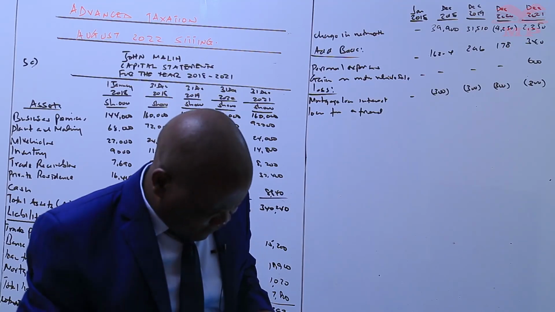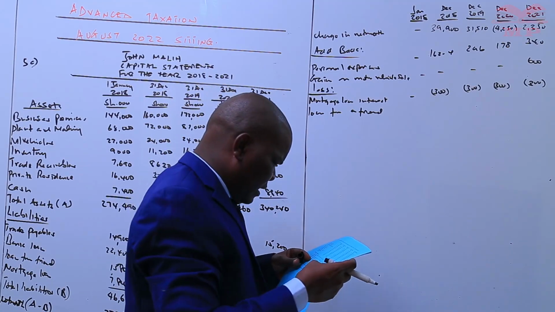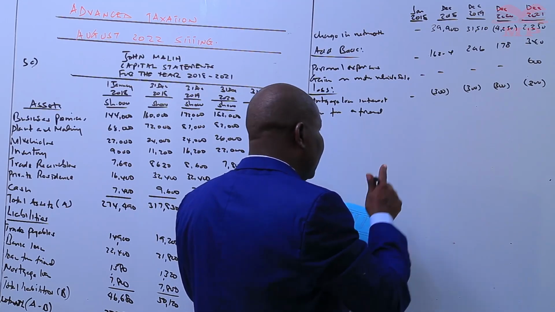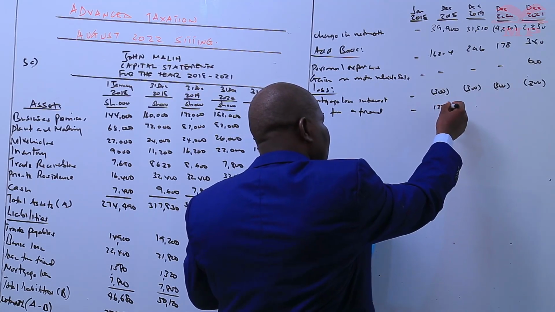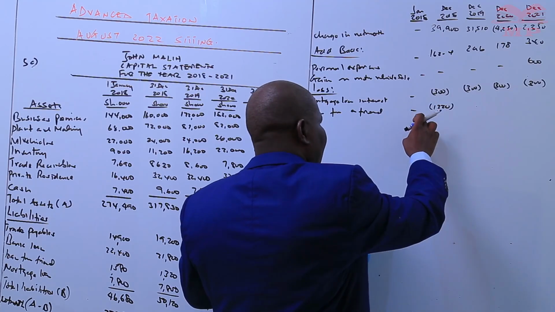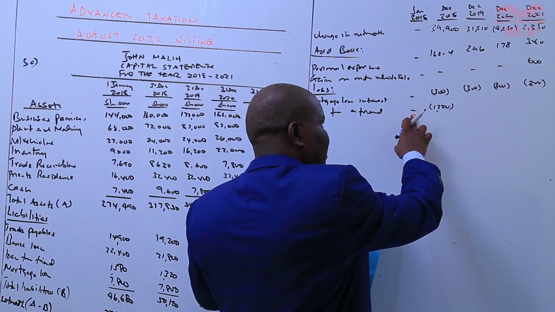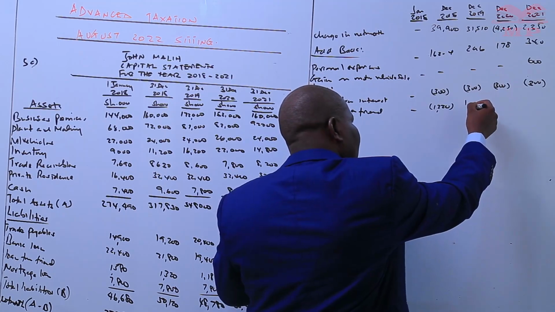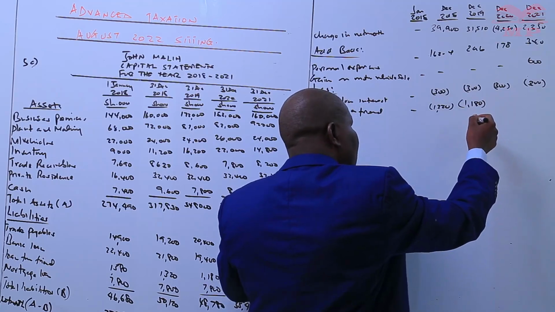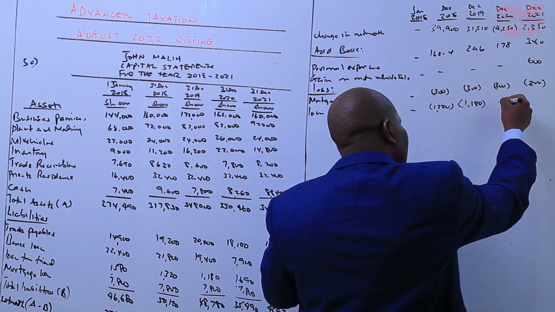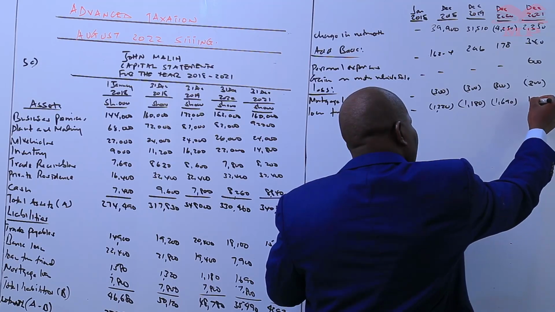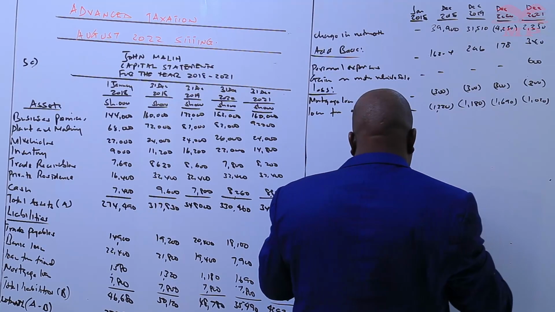Loan from a friend is 1580 in 2018 January, but 1320 here. If you're keen, I'm ignoring January 2018 because we are not using it anymore. 2019 1180, 2020 1690, and 2021 is 1020.